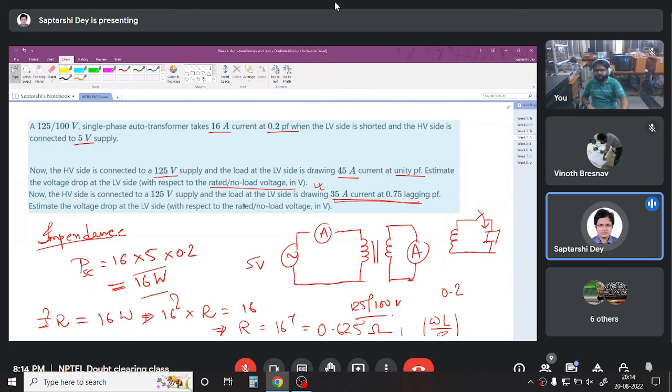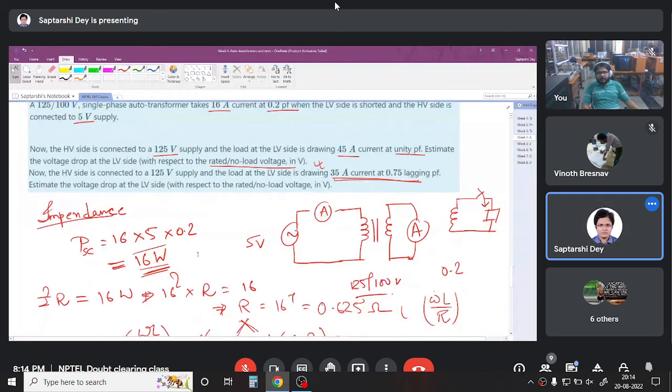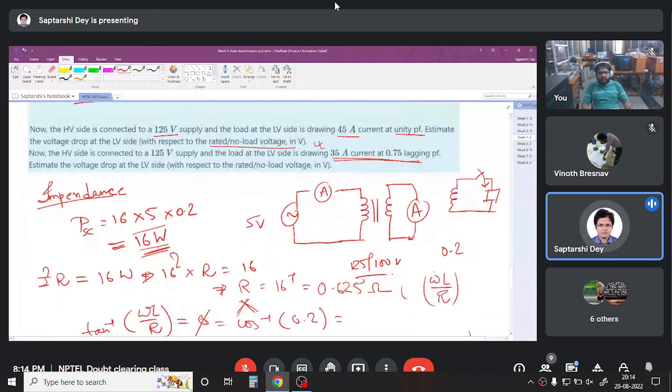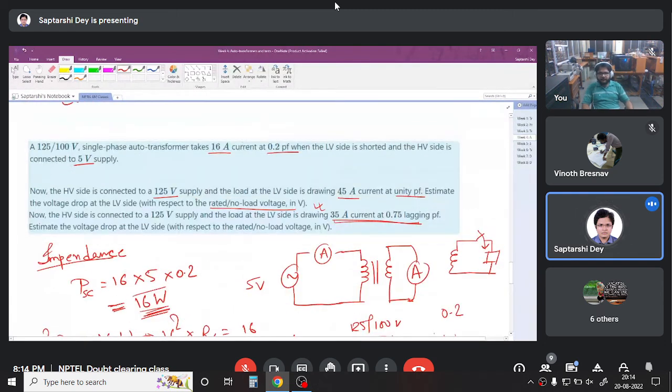So we have 5 volt, 16 ampere, 0.2 power factor. So 5 into 16 into 0.2 gives me 16 watt. So this 16 watt is the copper loss. Now 16 watt loss happens because 16 ampere current flows. Right? 16 ampere current flows.